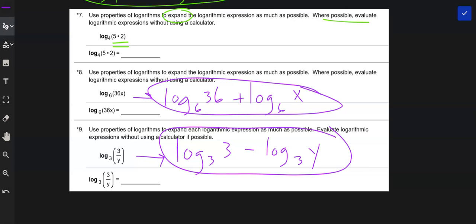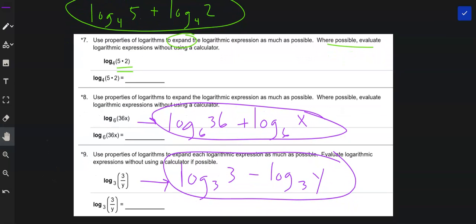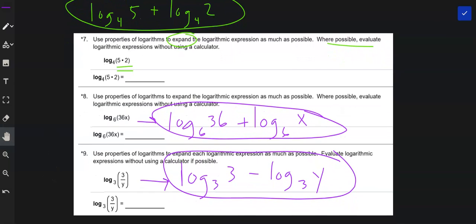Expanding means all of our exponents have to be 1. And it looks like in every single one of these questions, they all have exponents of 1. Yep, everything's got an exponent of 1. So don't have to worry about any of that. Otherwise, the King Julian property, I like to move it, would come into play. But it's not here. Okay, next page would be page 10.